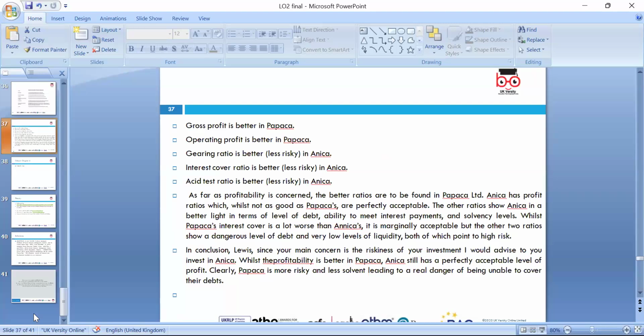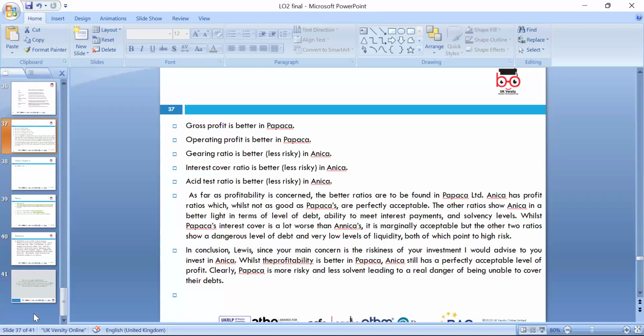The information which we calculated, the two companies' ratios, and based on this we decide and make our recommendation. Anika is better than Paprika. Even though Paprika's profitability is higher, the risk factor is too much. So we do not suggest that you invest in Paprika.